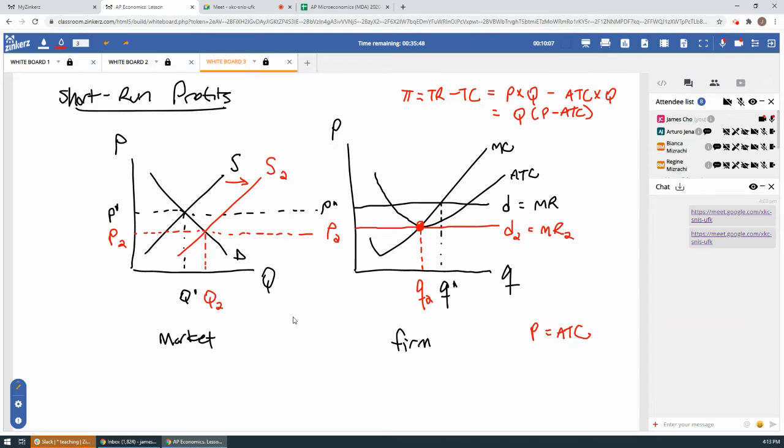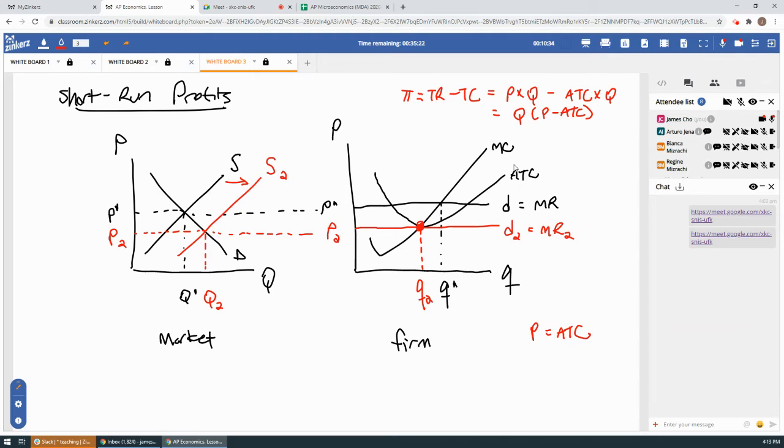And when those extra firms came in, did they mess up the demand for my current firm here? Yes, the demand, but the ATC, no. They didn't mess with this firm's costs at all. Nothing at all happened to the costs. They stayed exactly the same. So the only thing that changed from this increase in the number of sellers is that the market price dropped, which caused the marginal revenue for these firms to drop.